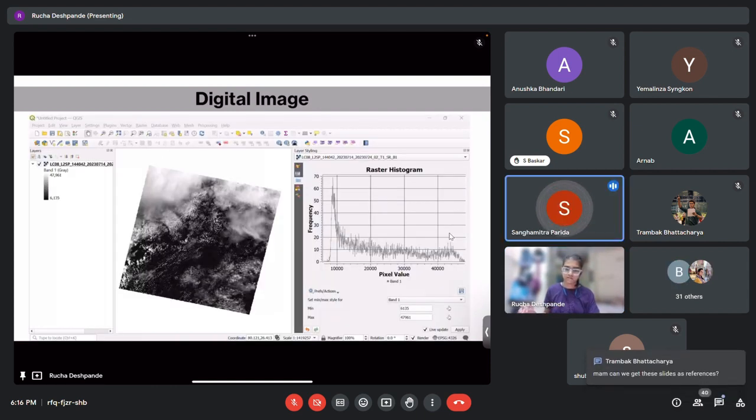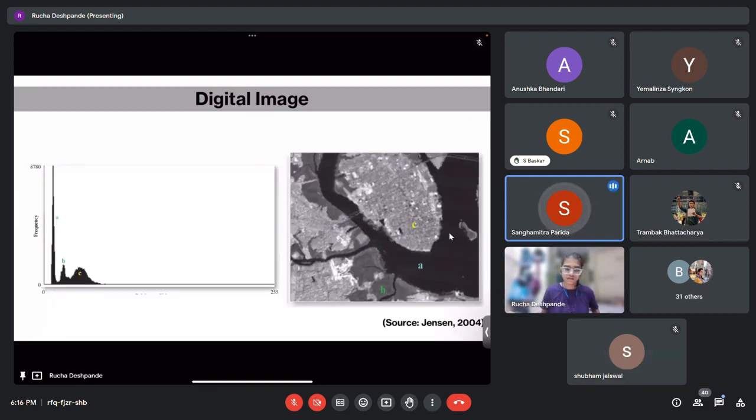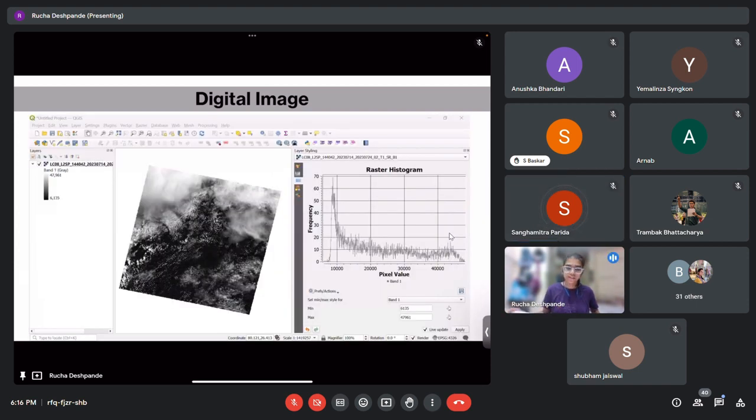In the previous slide, relating to digital numbers, will you please show that page in which you have written everything? This one? No, you have written something in red. Yeah, I have changed it here, but there is a slight lag.